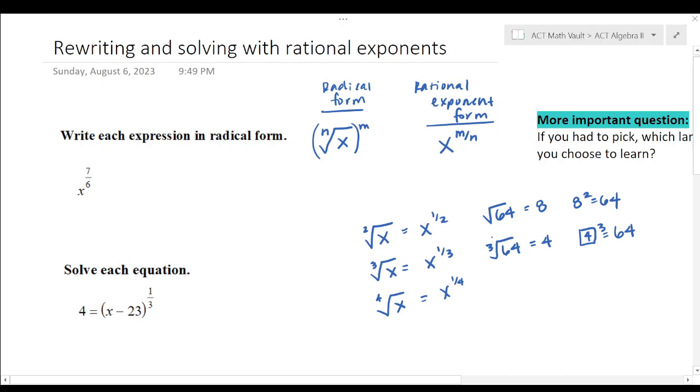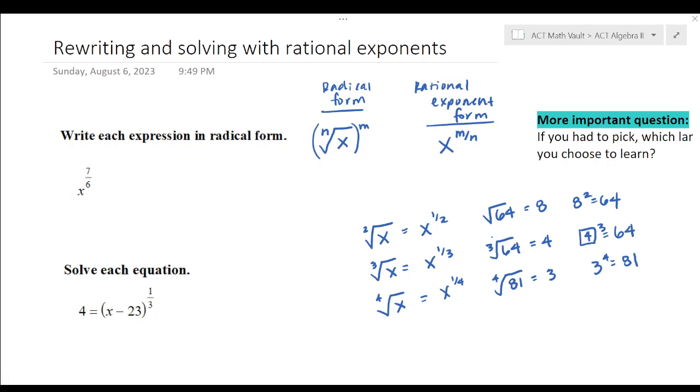So the square root of 64 is 8. The cube root of 64 is 4. And something that you could take the fourth root of would be, say, 81. Fourth root of 81 is 3, because 3 to the fourth power, that's 3 times 3 is 9, times 3 is 27, times 3 is 81.